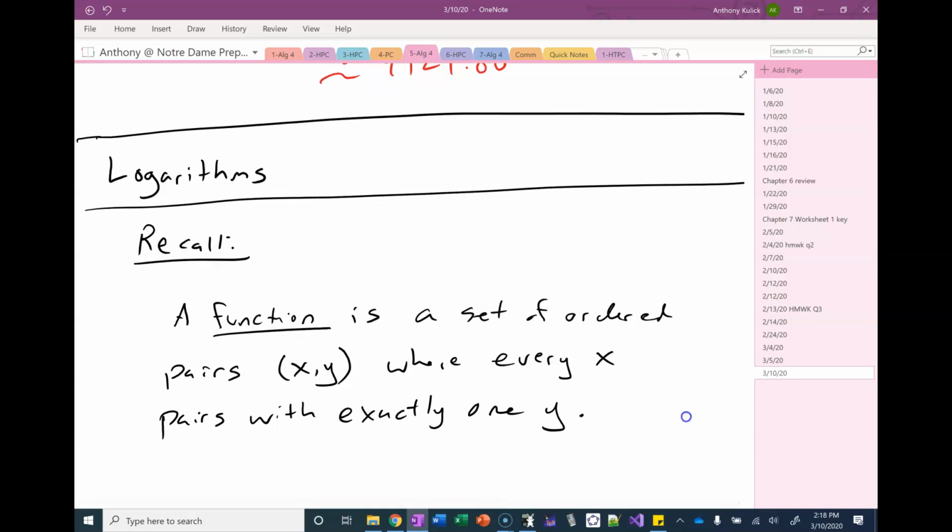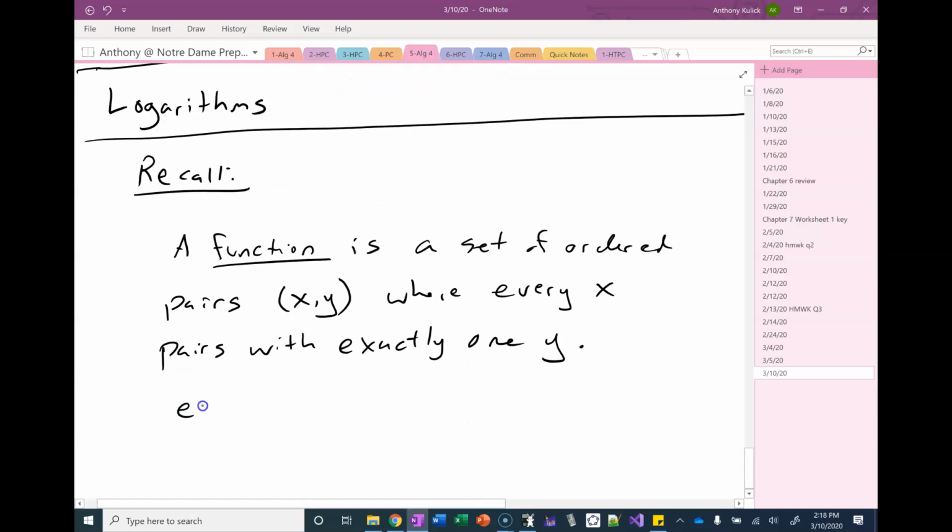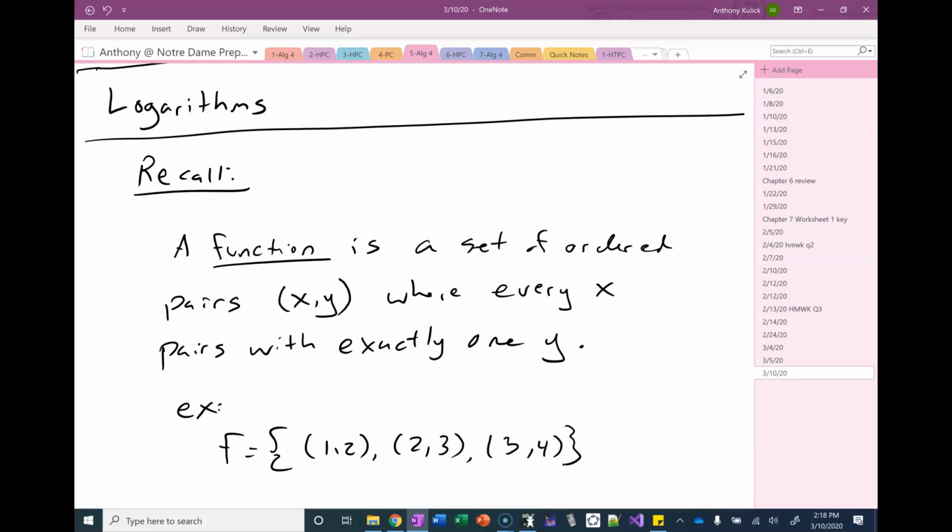Okay? So in like the most abstract sense, we defined a function, or we said something like this represented a function, right? Because none of the x coordinates repeated. You guys kind of remember this? Okay.